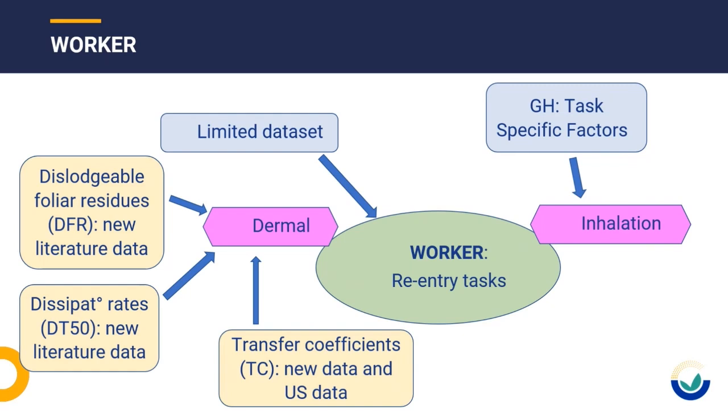These factors are the amount of residue on the foliage, represented by the dislodgeable foliar residue value, the intensity of the contact with the foliage, represented by the transfer coefficient values, and the dissipation rates, represented by the DT50 values. Of course, the overall duration of the activities is also a factor included in the worker exposure estimates.